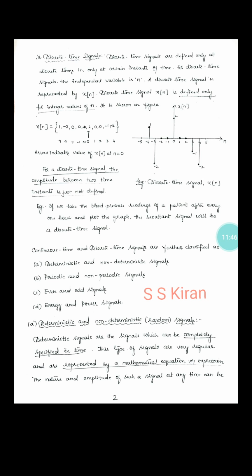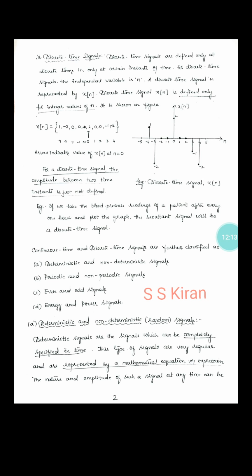Coming to deterministic signals, which can be completely specified in time. This type of signal is very regular and represented by a mathematical equation or expression. Coming to a non-deterministic signal, we cannot represent it in mathematical form.